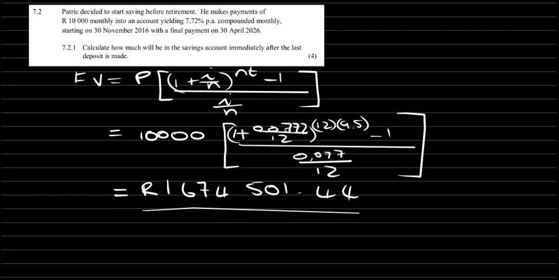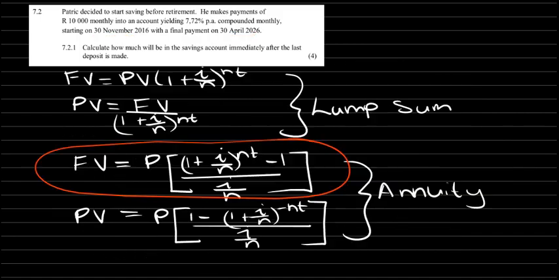So what are the important things to note here? Firstly, we're dealing with an annuity equation, because they mention that there are monthly payments and it's not a lump sum.